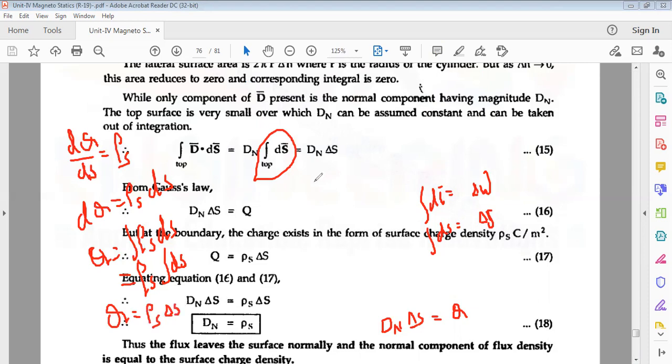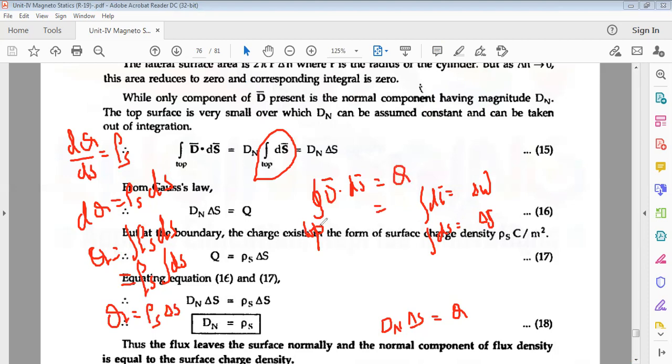So finally, the integral of D bar dot dS bar: on the top, because it is in the dielectric, it is not 0. The lateral side is 0 when delta h tends to 0, and the bottom side is also 0 because it is in the conductor. The topmost is not 0 and is equal to Q. What is the Q we have?